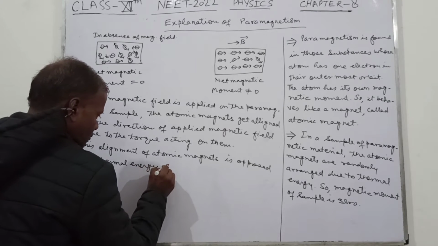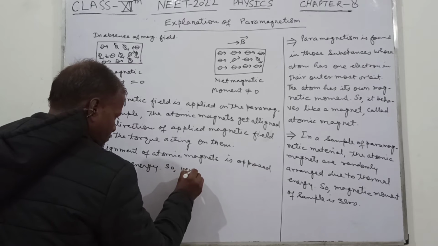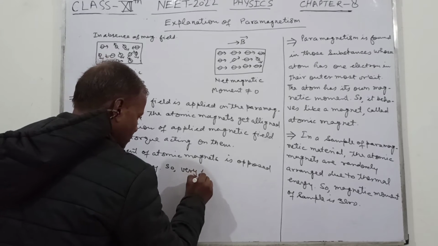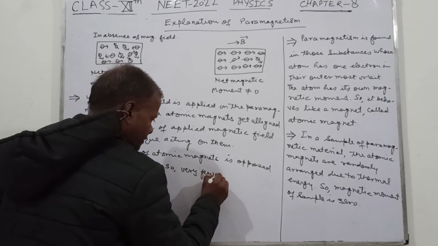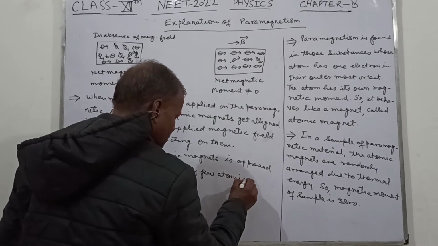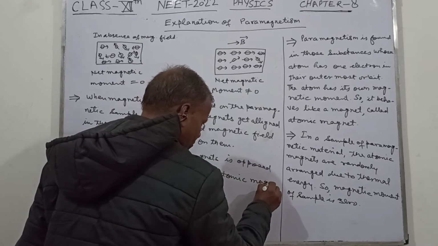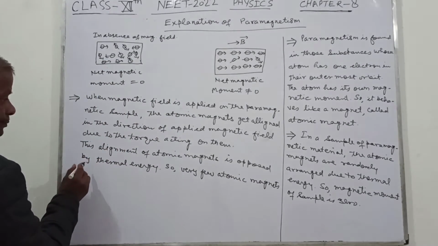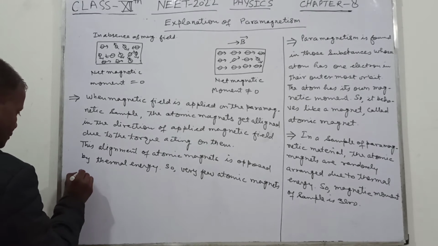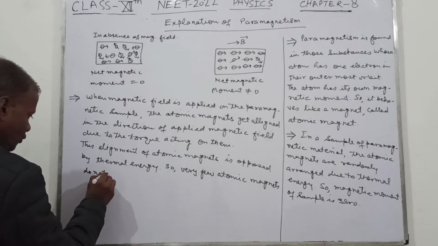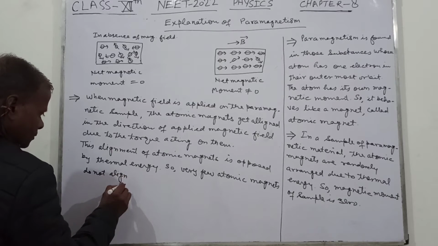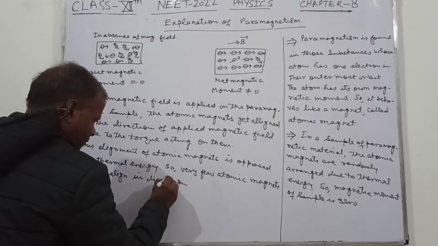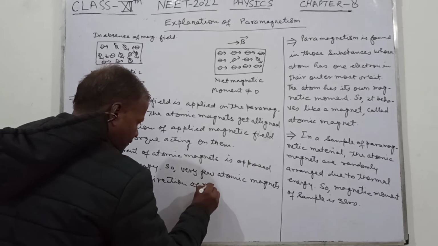So very few atomic magnets are aligned in the direction of magnetic field.